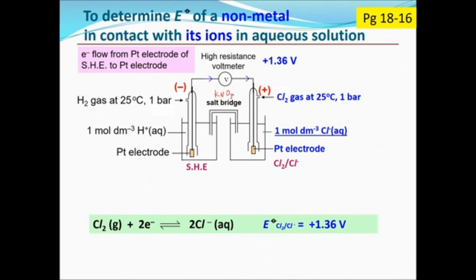So we can decide that electron flows in, right, into this electrode. So if electron flows in, I can call it a cathode, right? Reduction occurs right at the cathode, and I can label it as a positive electrode.